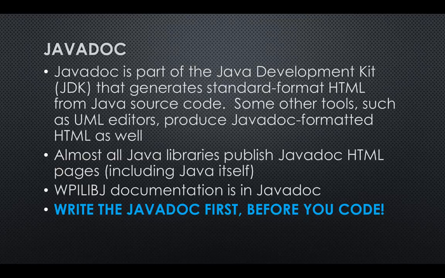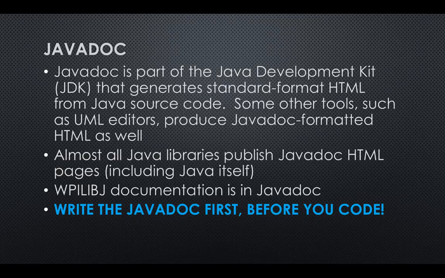Almost all Java libraries publish their documentation in Javadoc HTML pages, including FRC itself. The Java library for FRC is the Worcester Polytechnic Institute FRC Java library, and we call it WPILibJ for short. WPI is Worcester Polytechnic Institute, Lib is library, J is for Java.